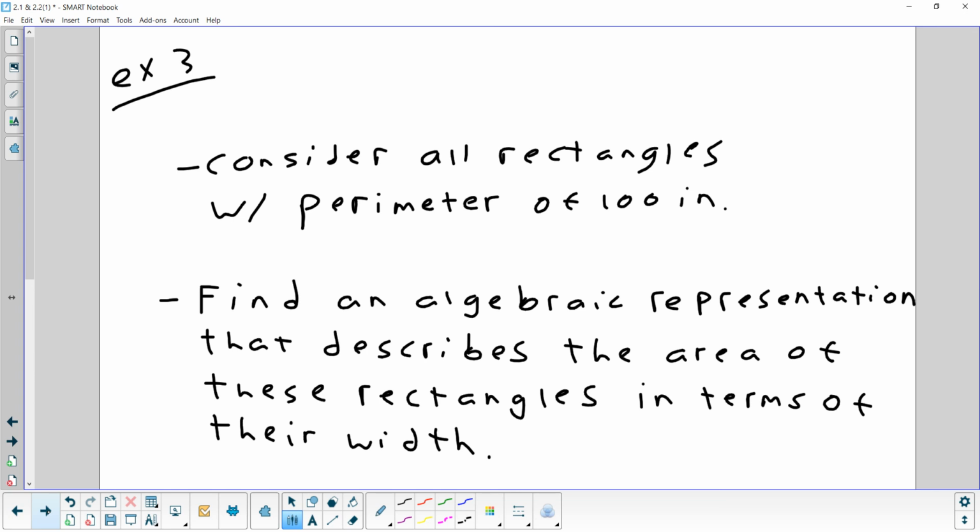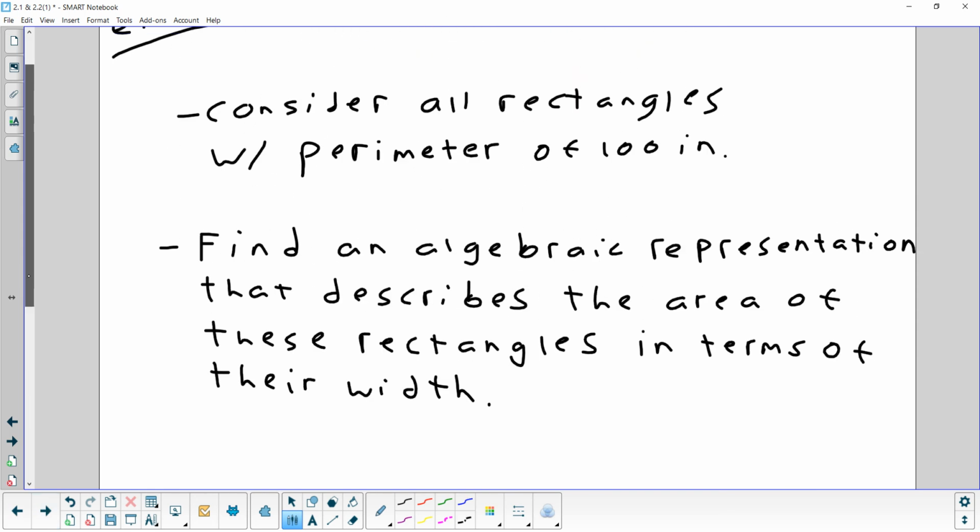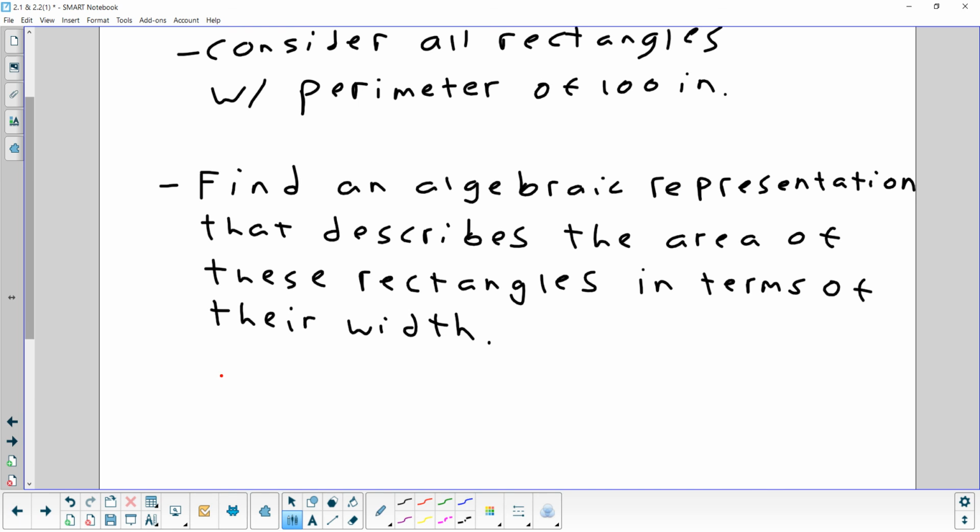Find an algebraic representation that describes the area in terms of the width. So we're going to have a rectangle. And they're basically telling us what to pick for the variable. They want this formula to be in terms of the width.